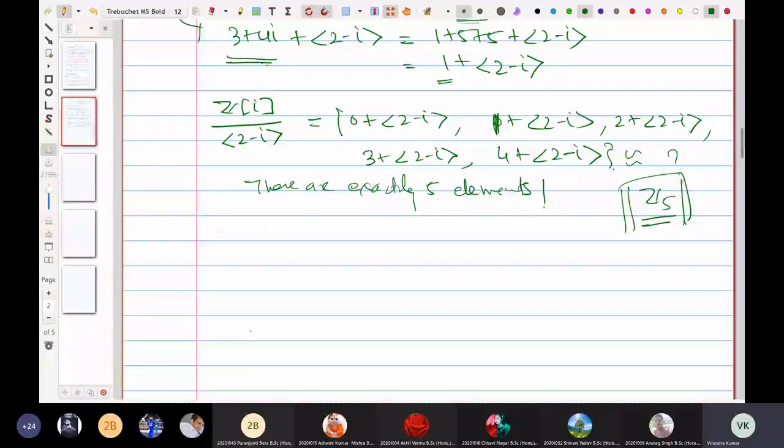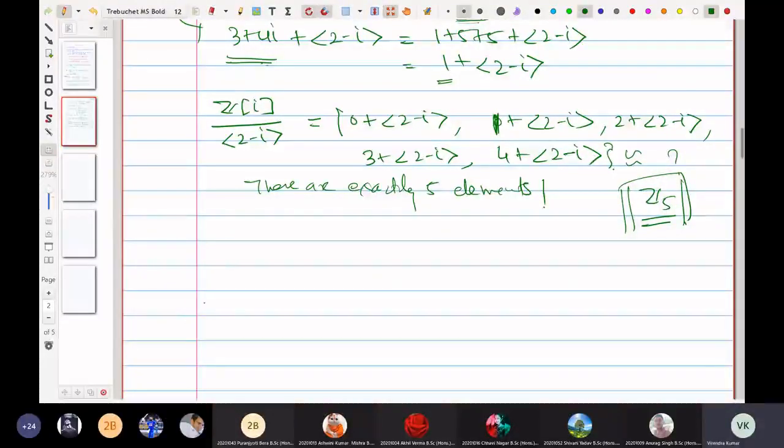Okay. So again, they are actually different. They cannot be equal. You can see the example in your book. It is given in your book.